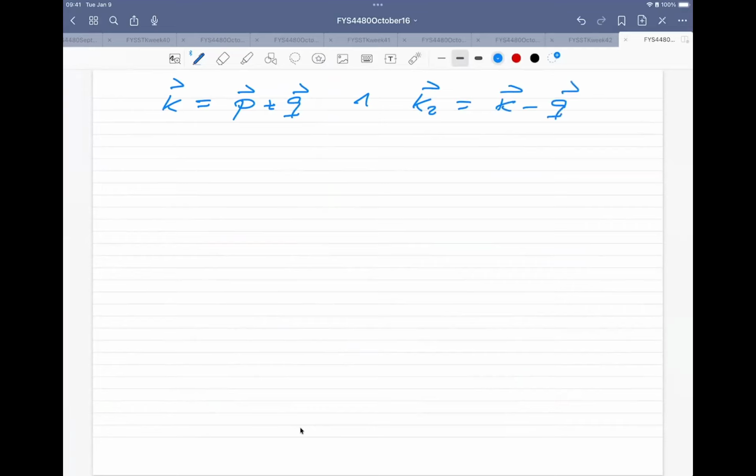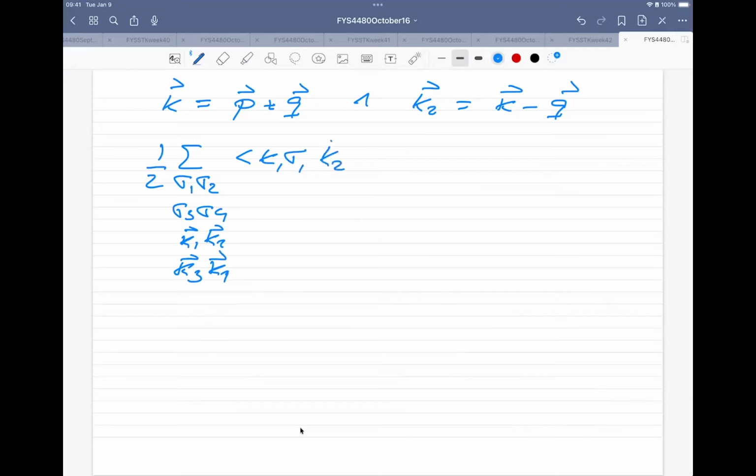So what we had originally, when we looked at the original expression, if we go back, then we had 1/2. And in the original expression, we had sigma 1, sigma 2, sigma 3, sigma 4. And then we had a summation over K1, K2, K3, and K4. That was the original term. And then we had K1 sigma 1, K2 sigma 2 here.